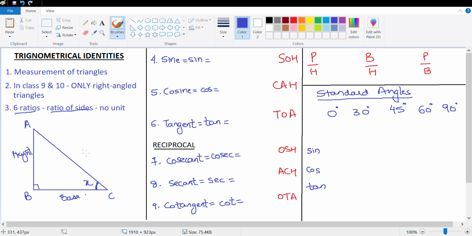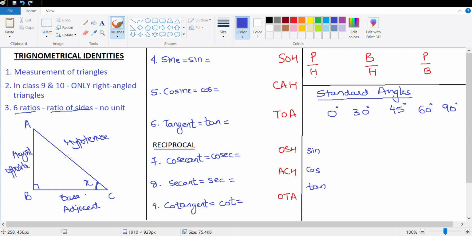And obviously the side opposite 90 degree is known as hypotenuse. Some books and some people also refer to the base as adjacent, which in English would mean next to it, and height is referred to as opposite. Perfect. So this is the nomenclature.